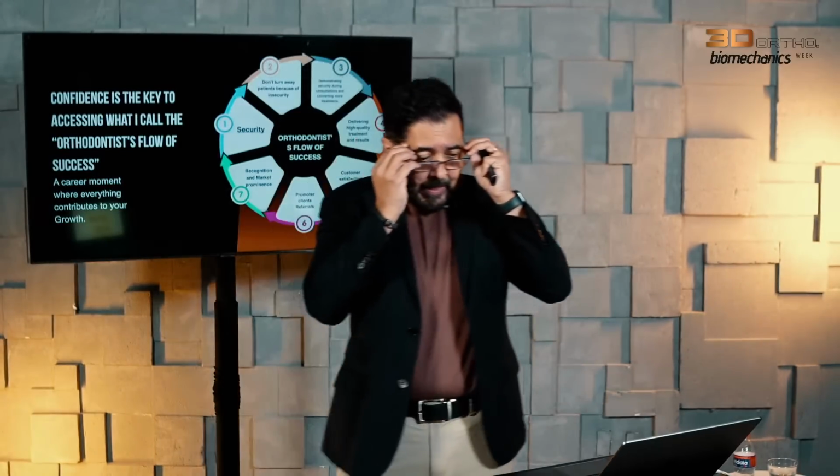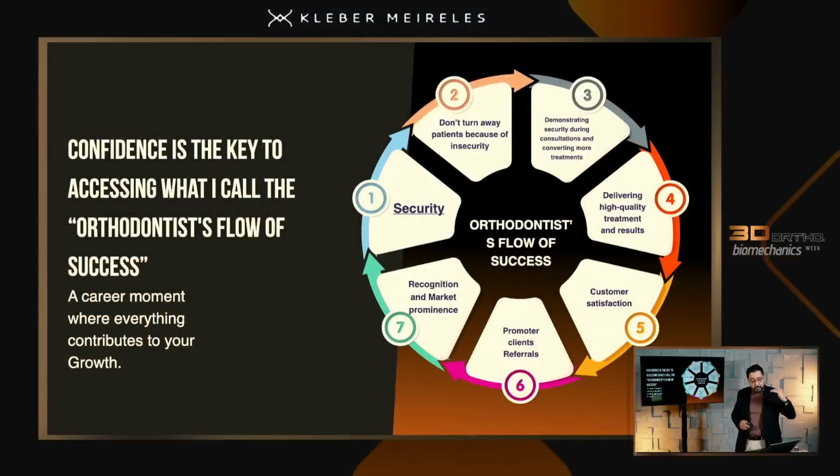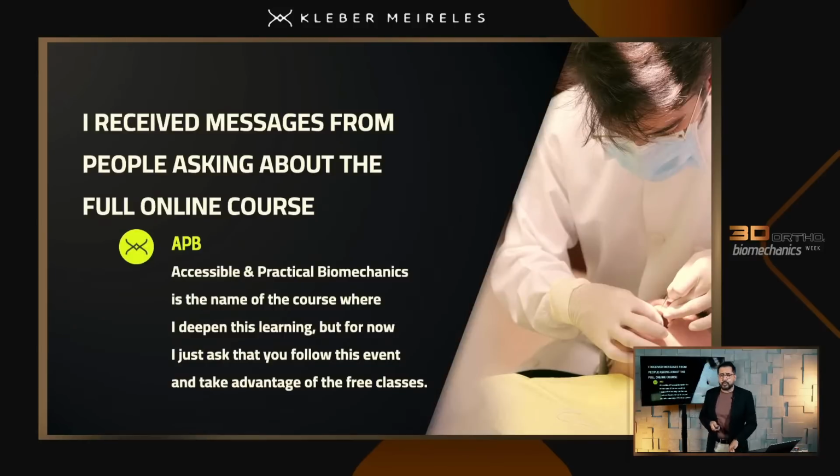Take a look if it's happening in your case. If not, think about it. You must be more precise, okay? Then your recognition and marketing prominence is what you're going to achieve in this cycle that gives more security. You need to work less. I don't even like to talk about money.